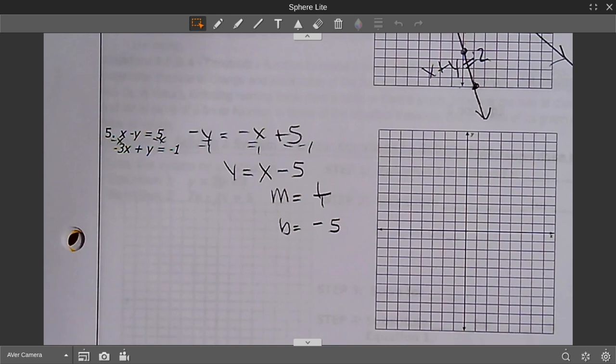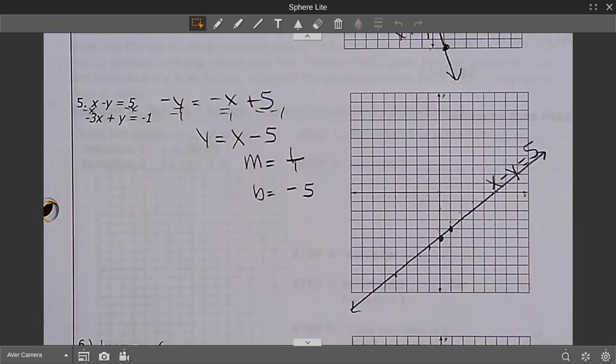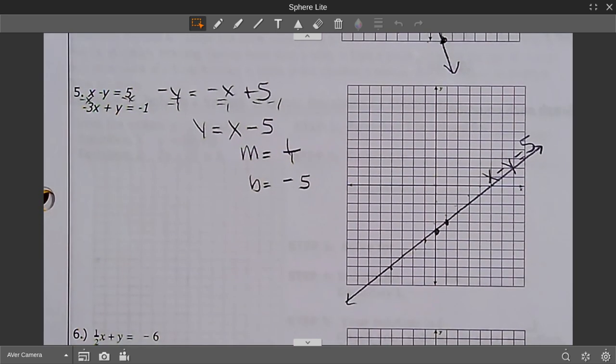Make sure you label it. The original equation, x minus y equals 5. How'd you do? Does it look like mine? Okay. Go ahead, finish up.